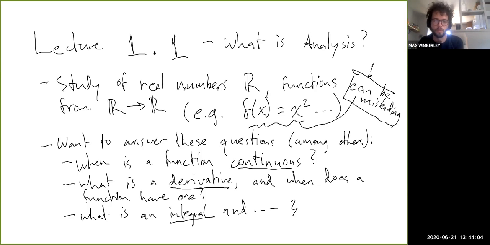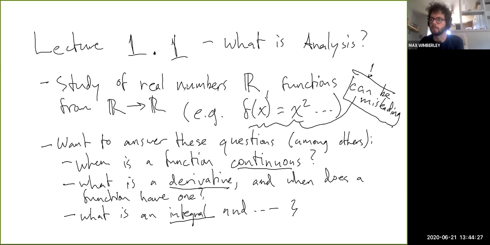So we want to be able to say things like, this function has a derivative, or this function has an integral between these two numbers, without really caring about what the exact value is. You might ask yourself, why is that actually difficult to do?